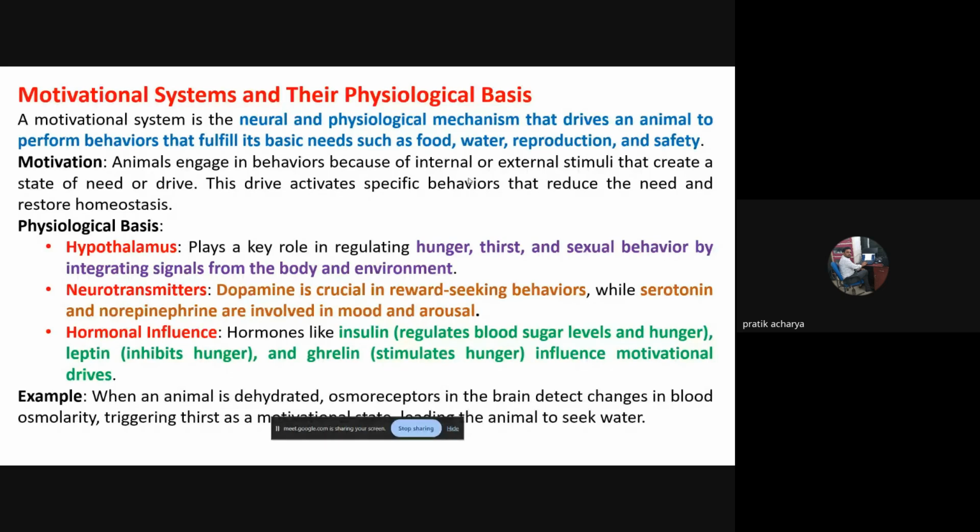Certain neurotransmitter and hormonal influences are also very important. Hormonal influences are very familiar to us. Everybody knows the function of insulin. It regulates what? Blood glucose level. If insulin is not secreted, then blood glucose level increases, which is called hyperglycemia.